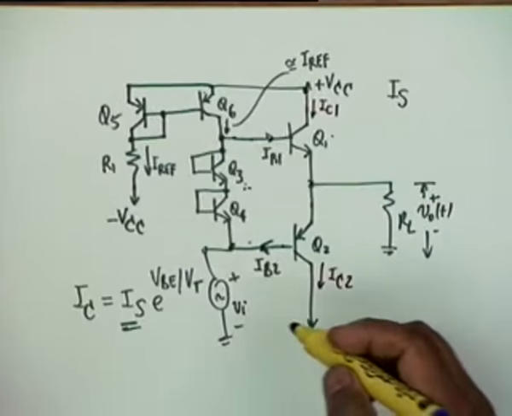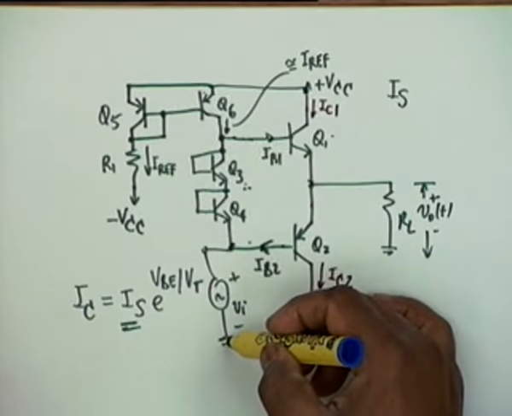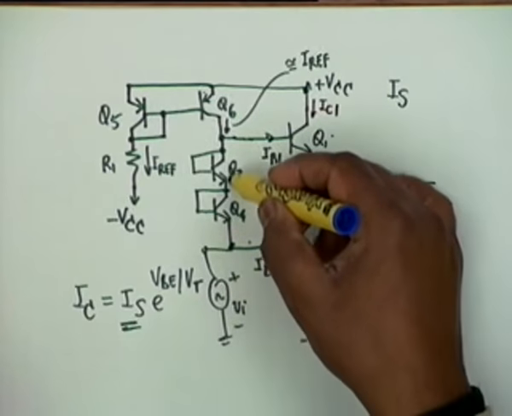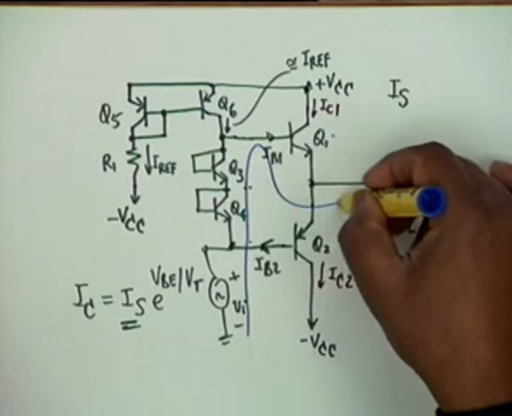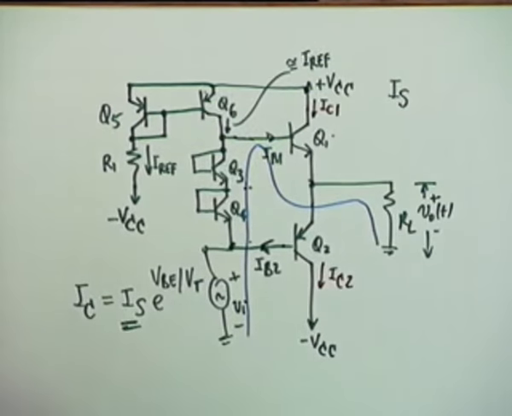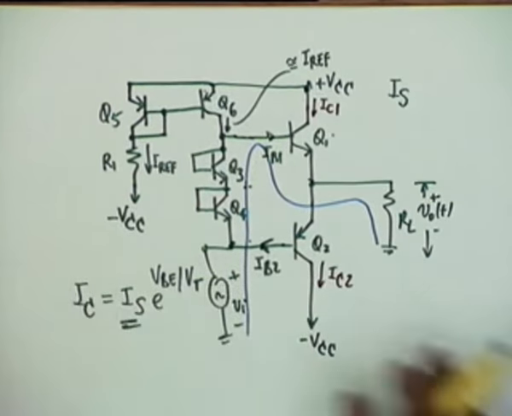You see that if I go from ground via this path to ground again, we can write a KVL.